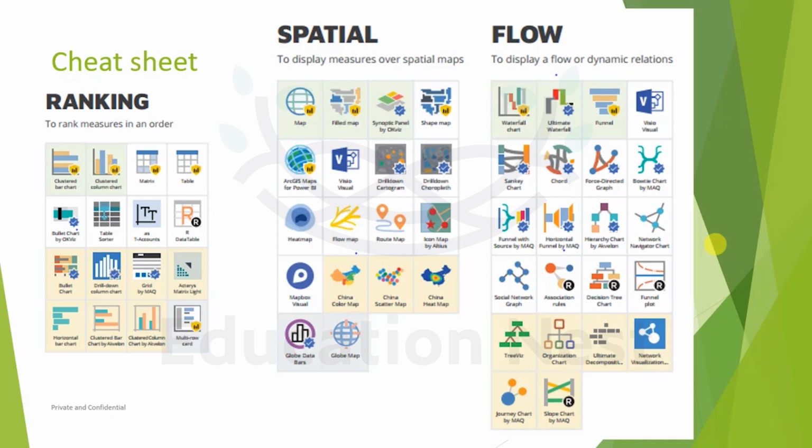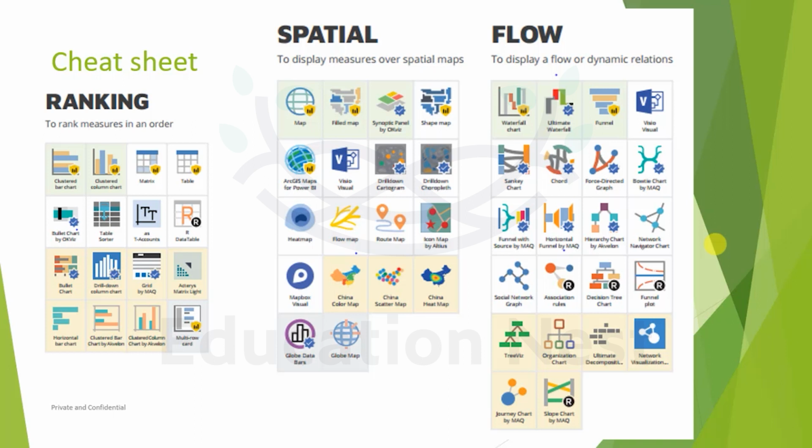There are new ArcGIS maps in the latest version of Power BI Desktop. Along with that, you have different kinds of charts. One of them is globe data bars, and there is a drill down cartogram and drill down choropleth. All three of them are available in AppSource.